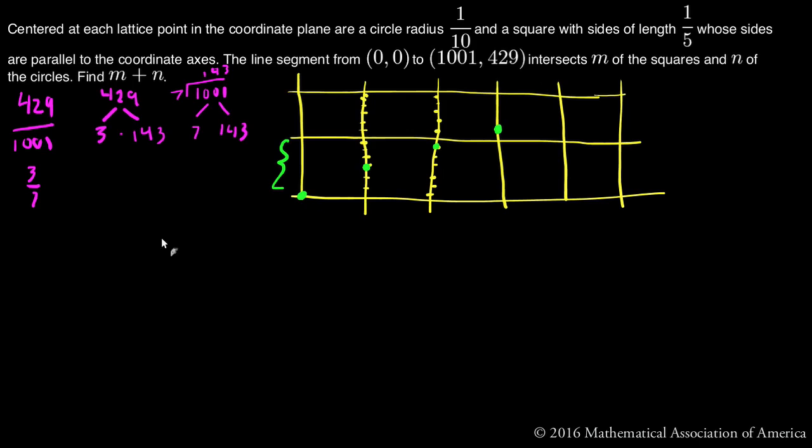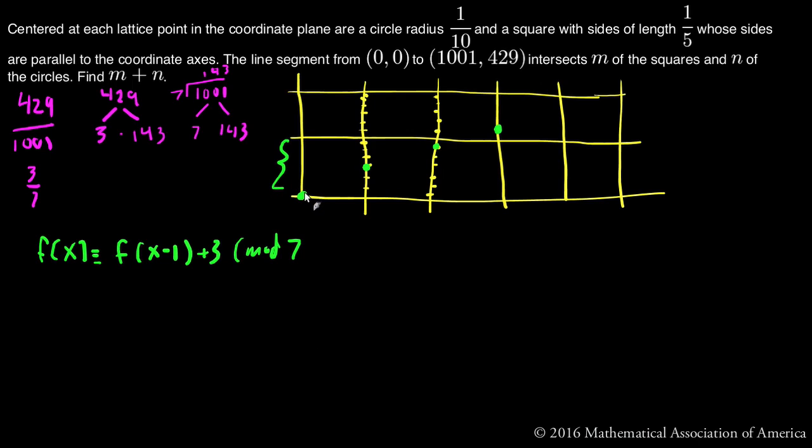Let's call it f of x equals f of x minus 1 plus 3 mod 7.